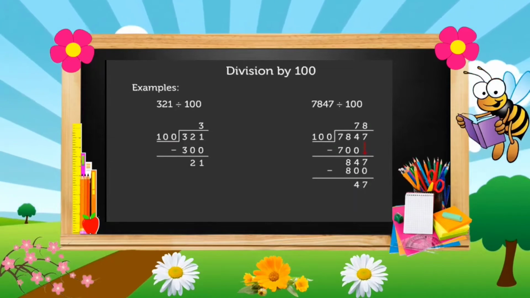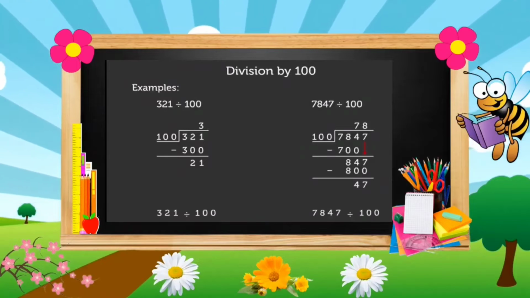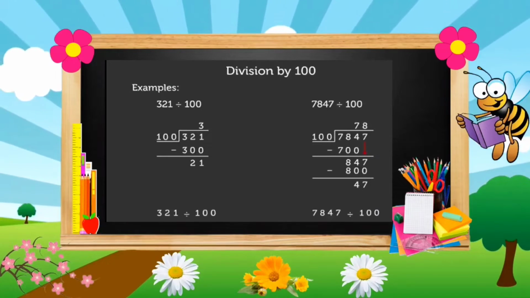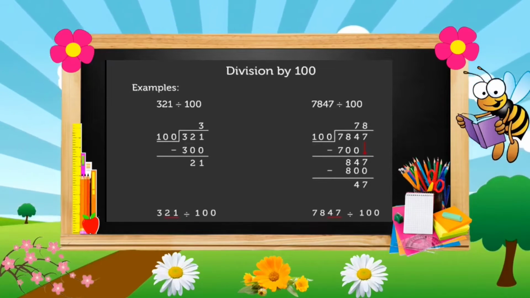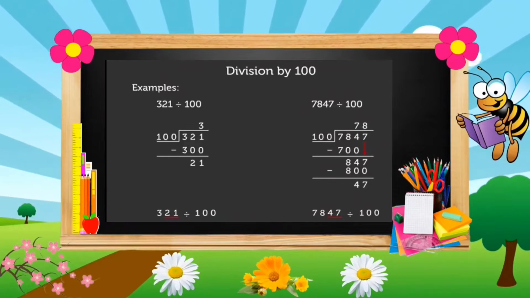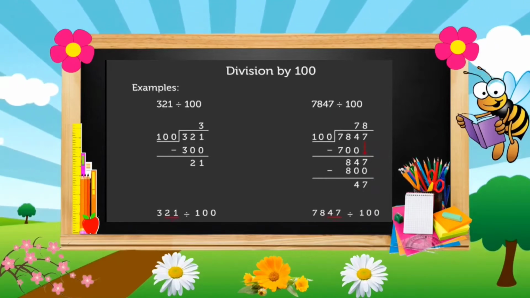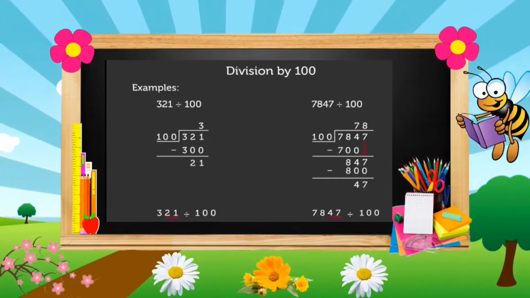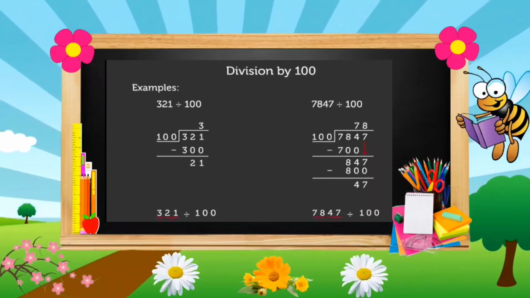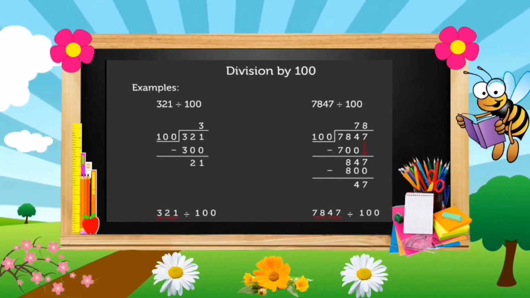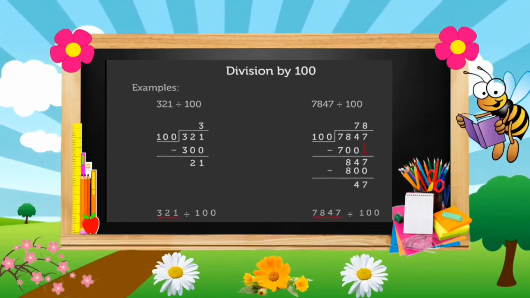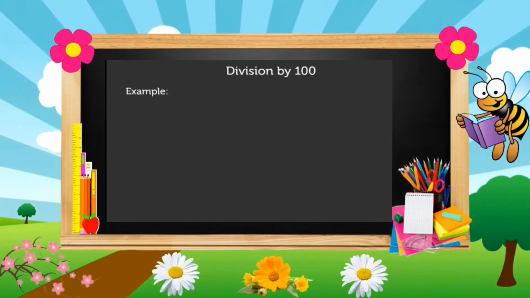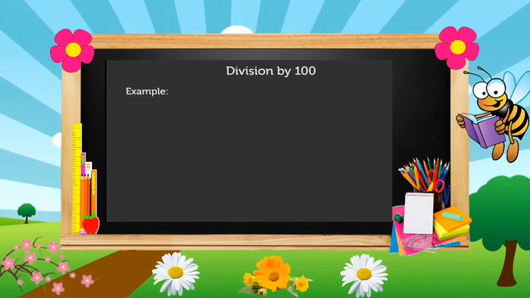In these examples, when we divided both numbers by 100, the ones and tens digits of the dividend formed the remainder and the remaining digits formed the quotient. Now let us solve one more example without actual division.